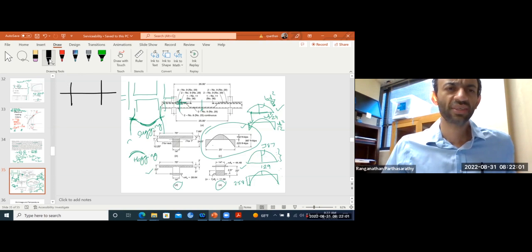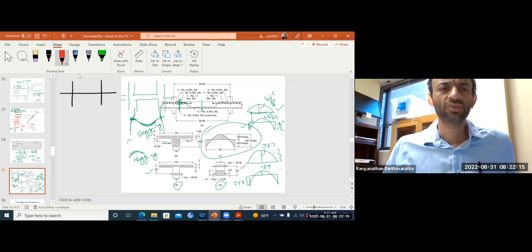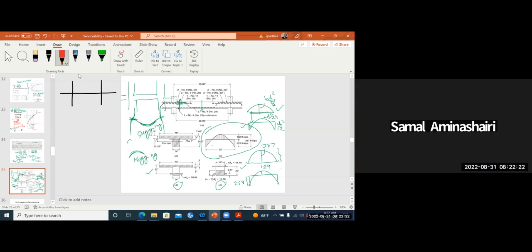As you all already know, probably from your undergrad, visualizing the deflected shape of the structure is very important to do. So how will the deflected shape of this beam look?